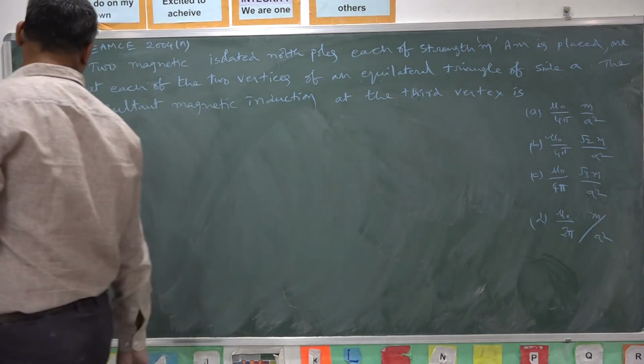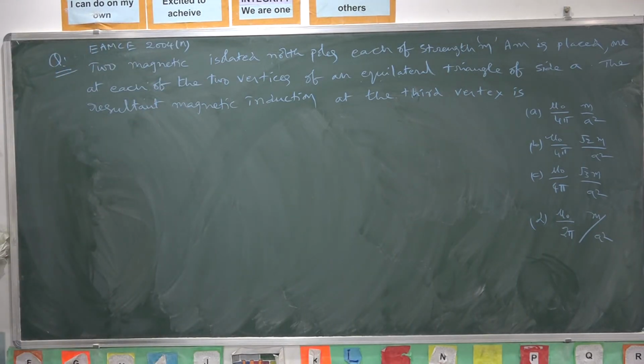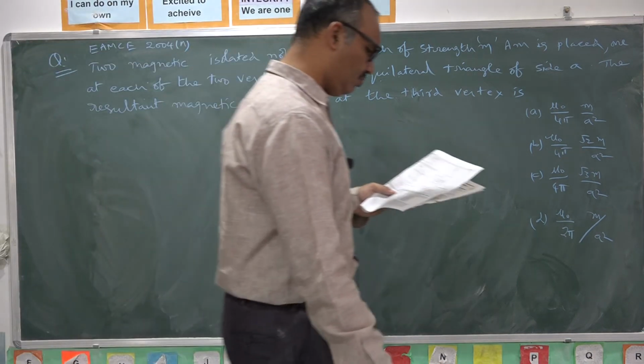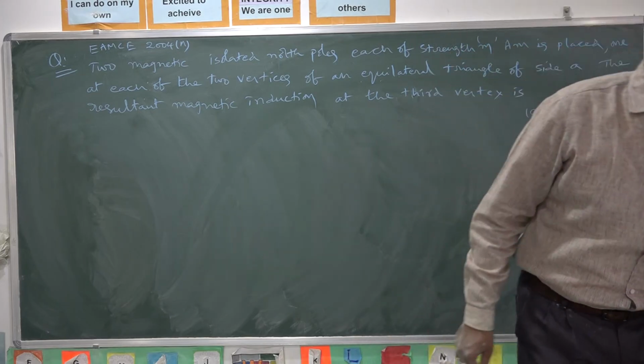The question is, two magnetic isolated north poles, each of strength m, are kept at each of the two vertices of an equilateral triangle of side a. The resultant magnetic induction at the third vertex is a very, very simple question. Within 2 steps we can solve it.